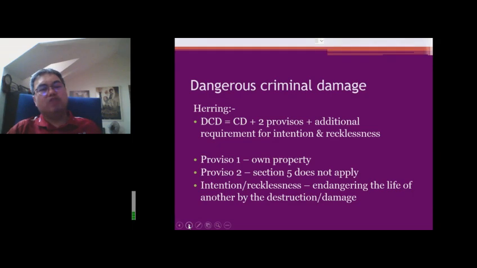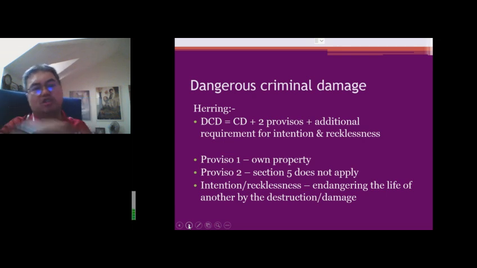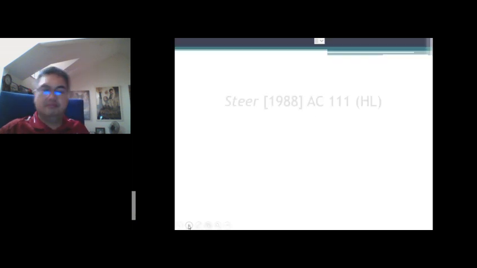Having said that, dangerous criminal damage is basically criminal damage plus the two provisos plus an additional requirement for intention and recklessness. Okay, proviso 1 is that it applies to the own property, and proviso 2, section 5, does not apply. And then the additional intention and recklessness is to endanger the life of another by the destruction or damage.